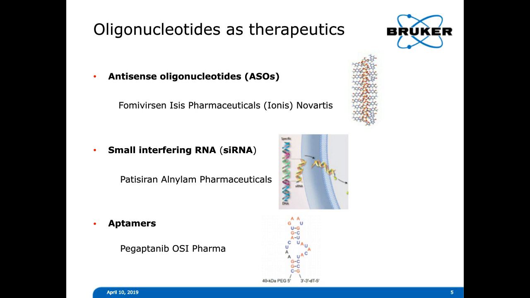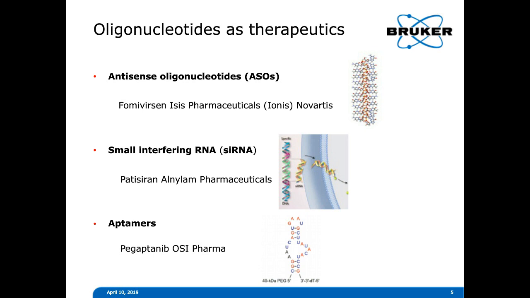The drug that was approved by the FDA, fomivirsen, was developed by Isis Pharmaceuticals, now known as Ionis Pharmaceuticals, and marketed by Novartis. This is an example of an antisense oligonucleotide drug.